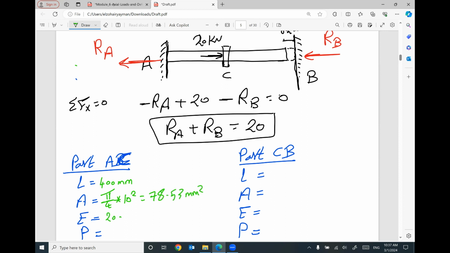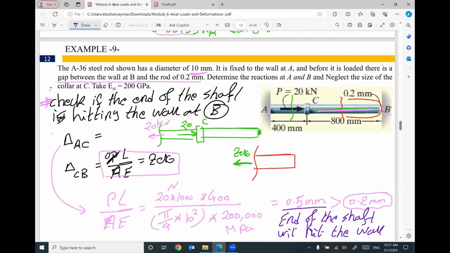Young's modulus is 200,000 megapascal. The applied force in this part will be tension, reaction RA in kilonewton.